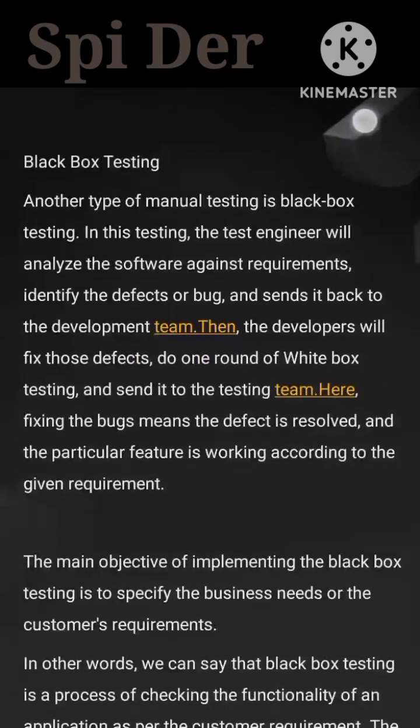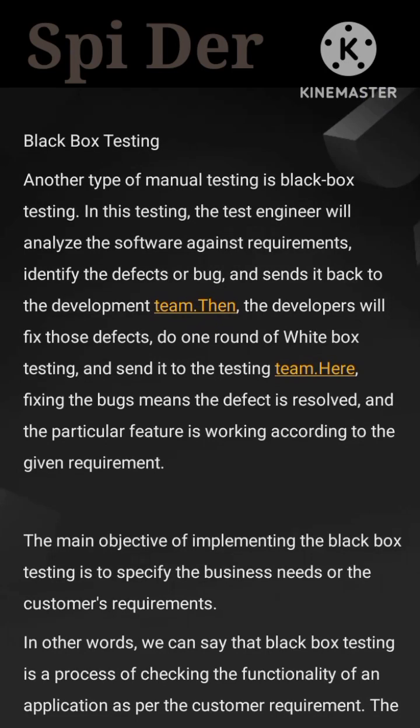Black box testing. Another type of manual testing is black box testing. In this testing, the test engineers will analyze the software against the requirements, identify the defects or bug, and send it back to the development team. Then the developers will fix those defects, do one round of white box testing, and send it to the testing team.